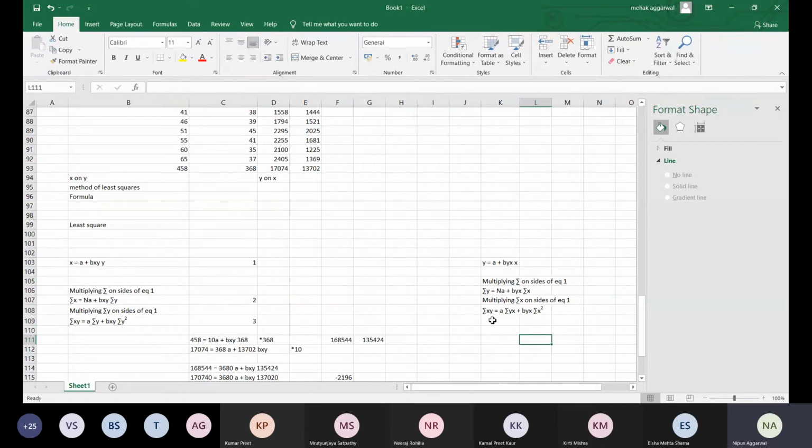Now you have to put in the sigma y, which is 368, is equal to n, which is again 10a, plus summation x, which is 458 byx. So this is your first equation. And the second equation is sigma xy, which we have already calculated as 17074.